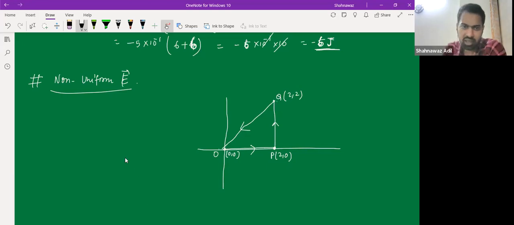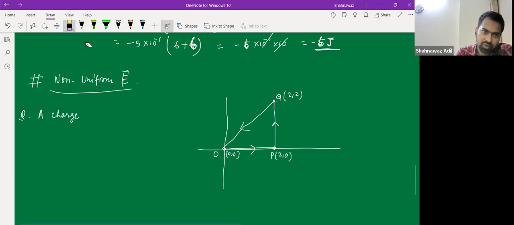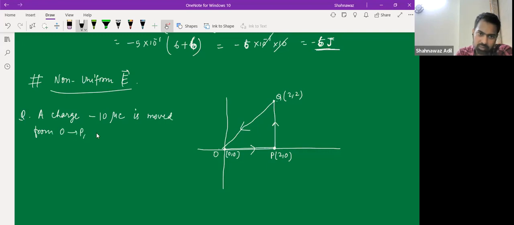And what is the electric field? A charge of, let's say, minus 10 microcoulomb is moved from O to P, then P to Q, and then back to Q to O, right?